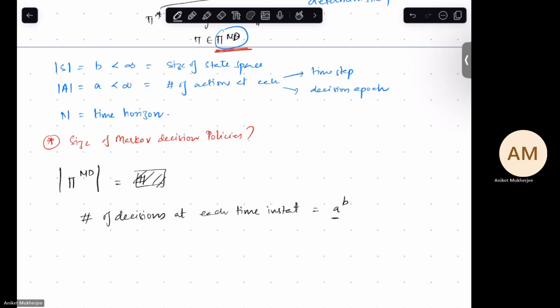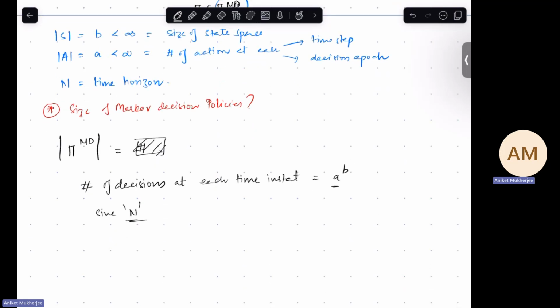So you have A power B different policies that you can make for a single time. But since there are N time instances, the total number of decisions possible is A power B, whole power N, which is A power BN.